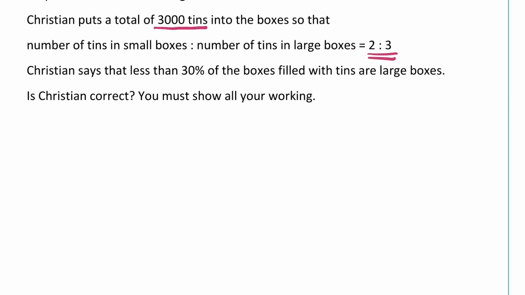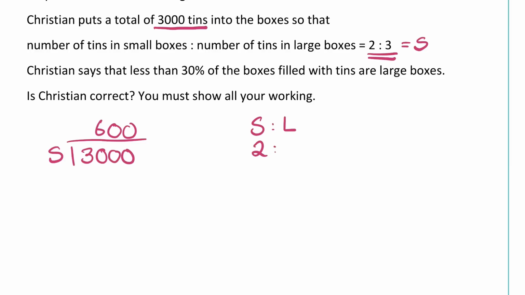So we need to do 3,000 divided by the total here, which is 5. So if we do some bus stop division, 3,000 divided by 5, 5 goes into 30 6 times, so 600. So we have small to large, 2 to 3, and we'll times them both by 600. 2 times 600 is 1,200, and 3 times 600 is 1,800.